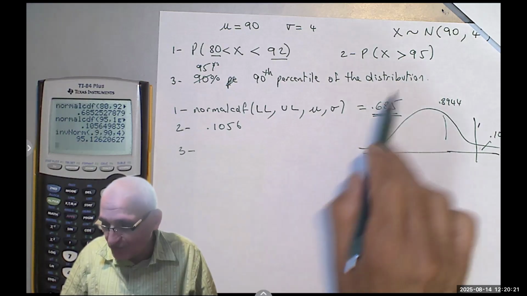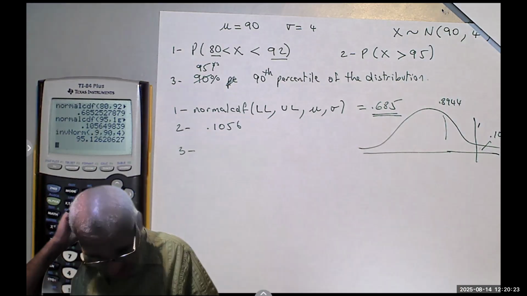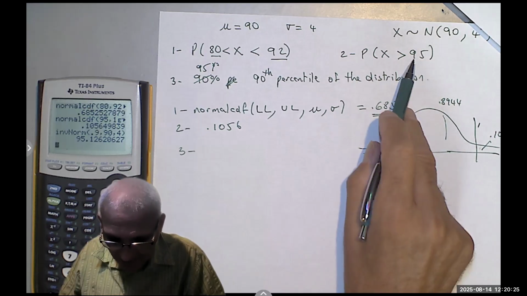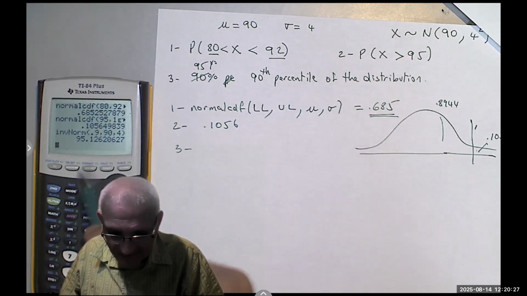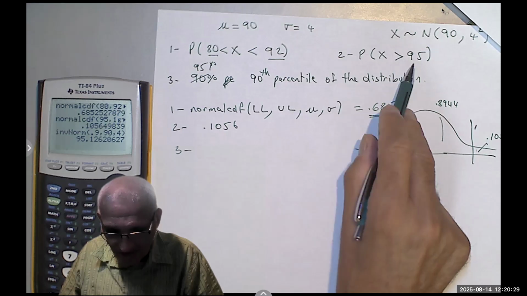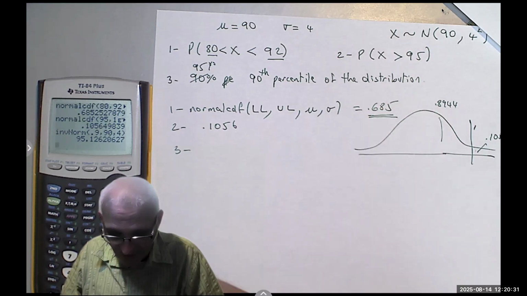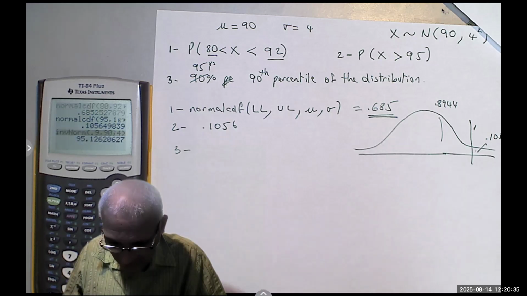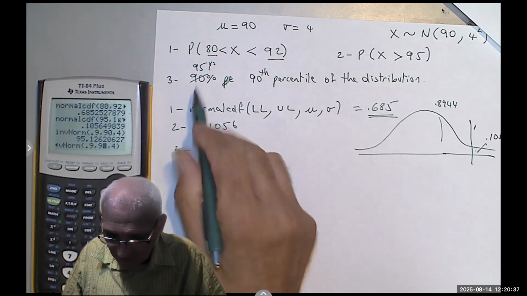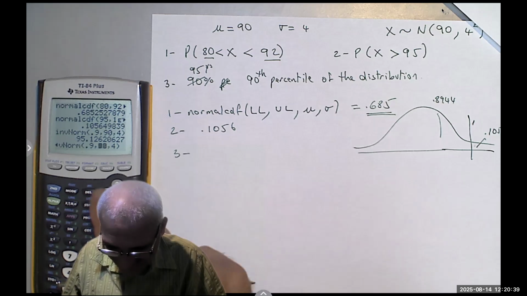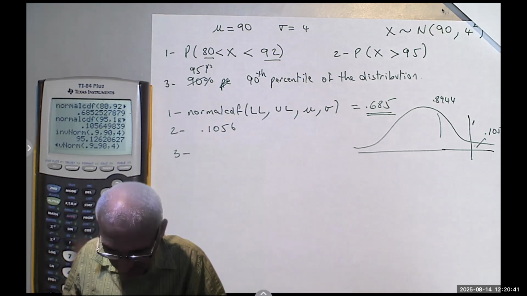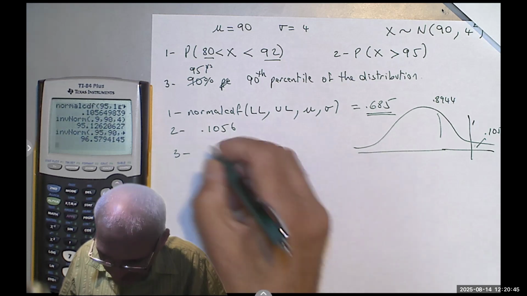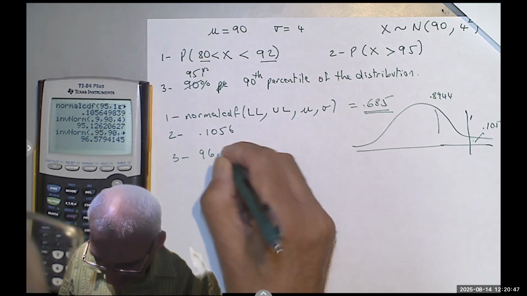Remember, I told you it has to be really close to 95, oh, I did 90, not 95. That's why it got very close to 95. We got 95.1. That's my mistake. I said I'm going to enter the 95th, and then I read 90. So that was the 90th. So let's make that 95. And I get 96.58.